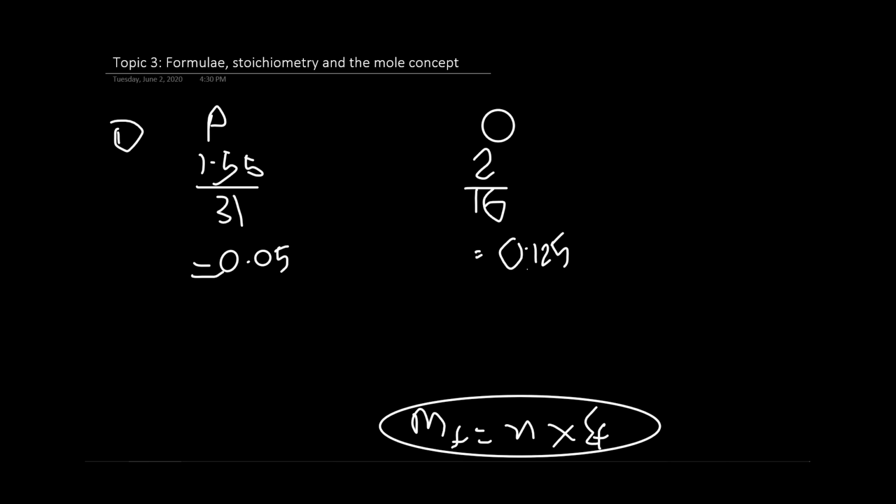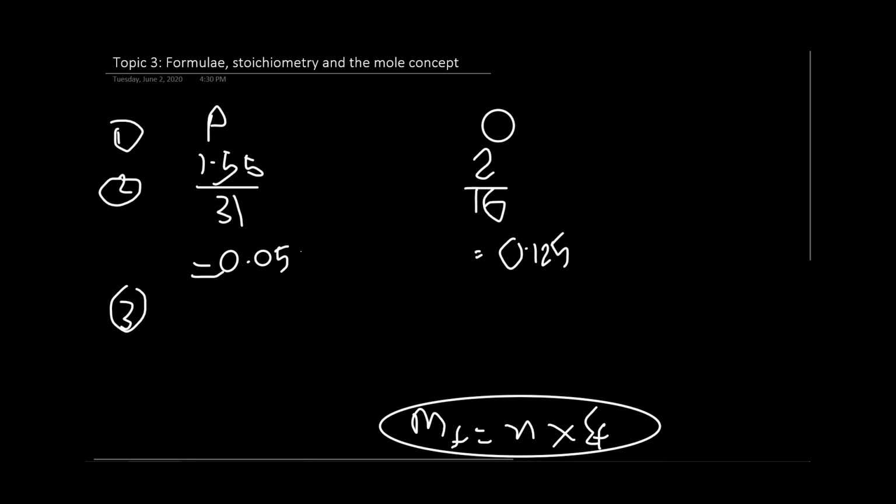Yeah, so 0.125. This was your second step. The third step is to identify the smallest result you've obtained: which is smaller, 0.05 or 0.125? It's 0.05, right?